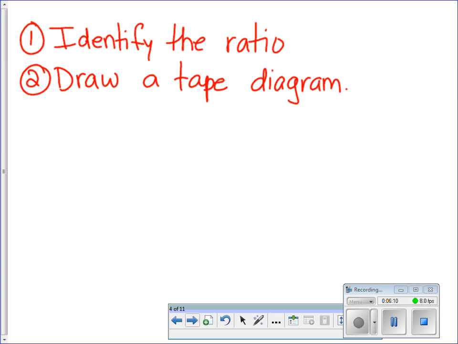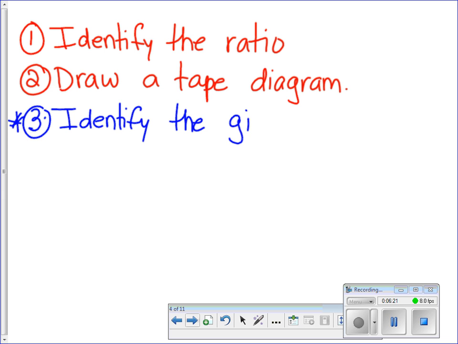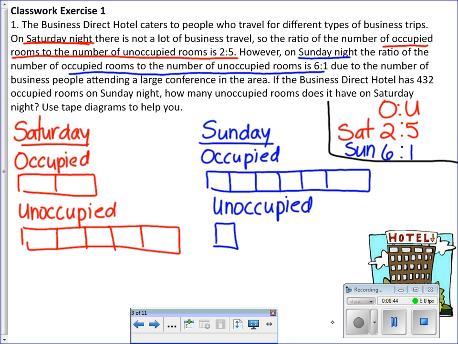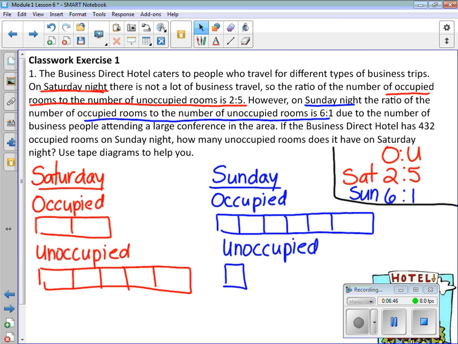After we have our 2 tape diagrams, the most important step is to identify the given. Because right now we're just looking at 2 tape diagrams. Were we able to figure out what the constant is yet? Do we know what number to put inside of each box? No. But what we have to do is go back to the information and find the given.